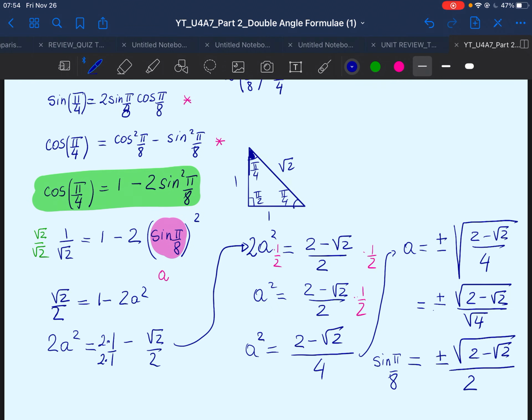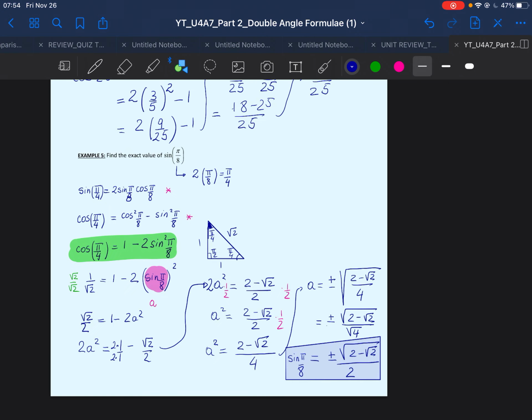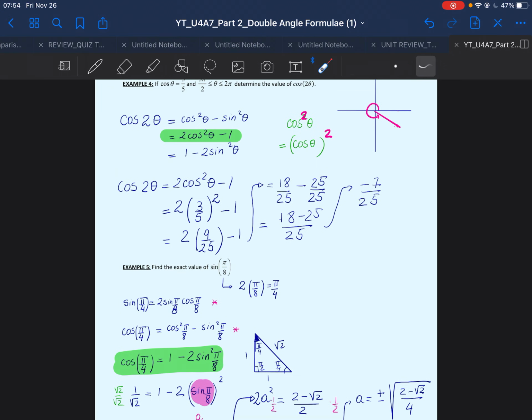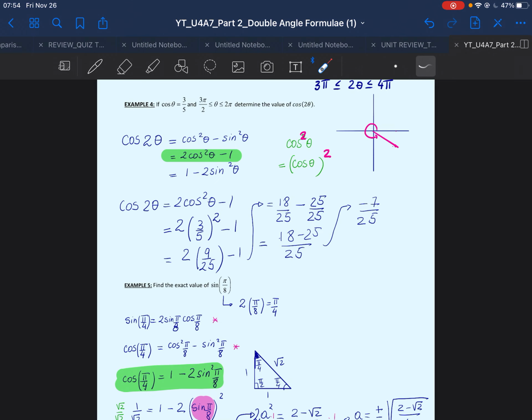So it turns out that sine pi over 8 can have 2 possible values. One positive and one negative. Okay, so why does this happen? And I think that the discussion I started in here will make a little bit more sense.